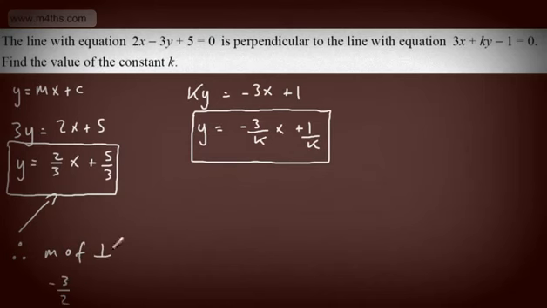So if we now just equate these, minus 3 over 2 is equal to minus 3 over k. Therefore, from that we can see quite clearly k will be equal to 2. So that's quite a nice exam question where you're just looking at the different gradients.